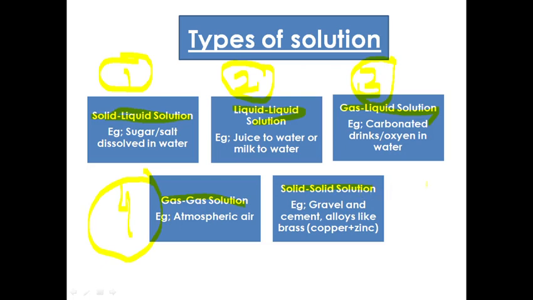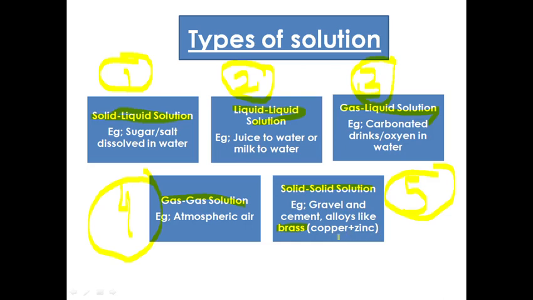And now last is the solid solution. Examples are gravel and cement. When we build a house and use cement and plaster, gravel and cement are the example. Solid alloys like brass are also examples. Brass is an alloy usually formed by mixing two metals, copper and zinc.